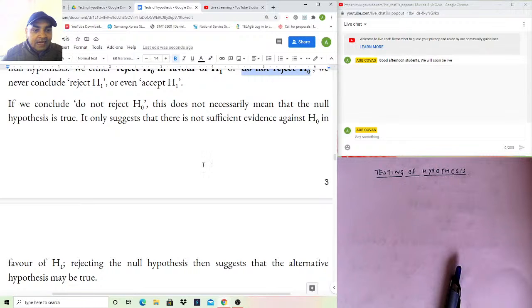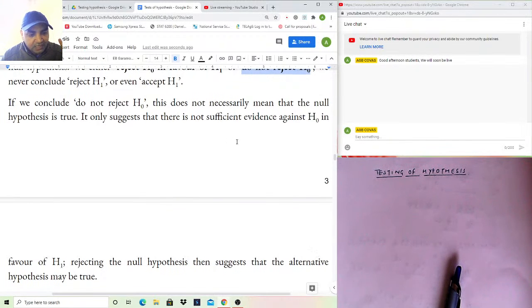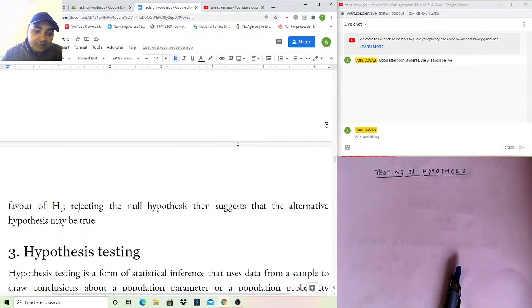Whereas rejecting the null hypothesis suggests that the alternative hypothesis may be true. It is not always that your alternative hypothesis is true. It may be true.